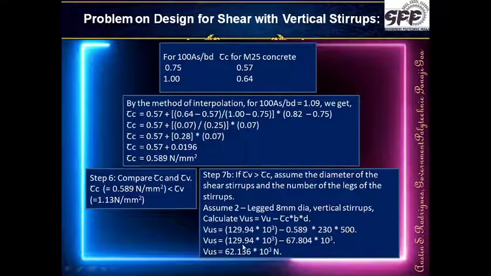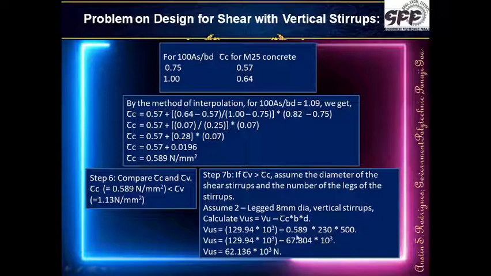Having solved this further, we get this as 67.804 into 10 raised to 3. So the balance force which has to be taken up by the shear stirrups is 62.136 into 10 raised to 3 newtons. So the shear stirrups will have to be provided to take care of this much.